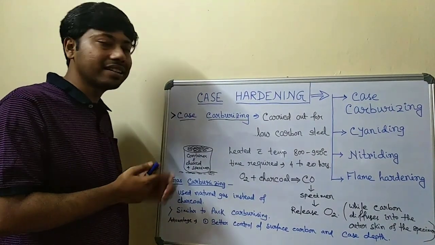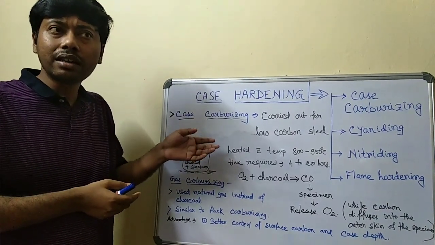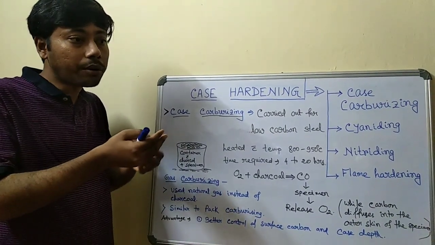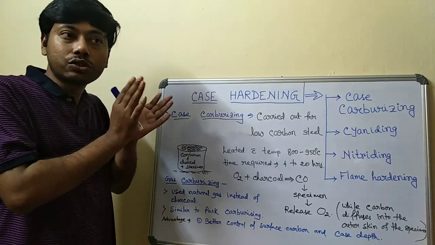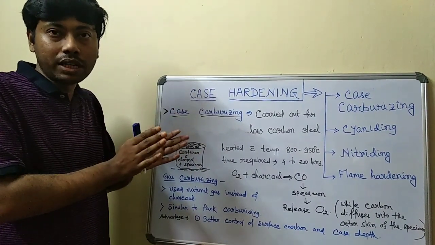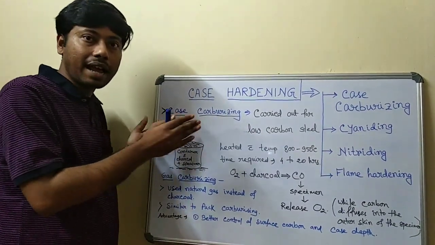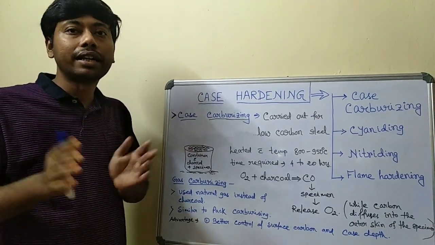But in case hardening, the heat treatment process is used to improve the mechanical properties of the outer surface of the material and to retain the softness of the core.